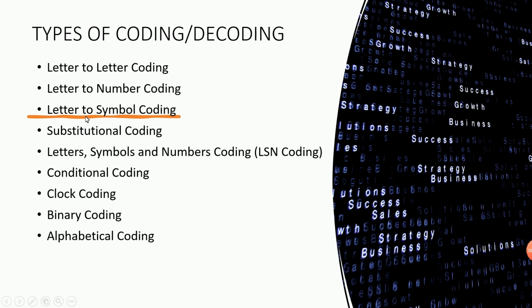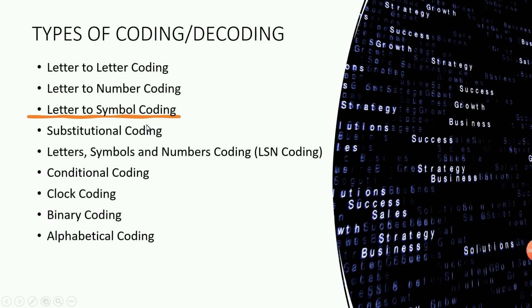Here, instead of a letter or term, you are substituting another word to represent it. Individually, that particular word might have a meaning of its own, but here you are substituting it with something else. Next, three combined, LSN: letters, symbols, numbers, all three are combined to form a coding series. Next, conditional coding.